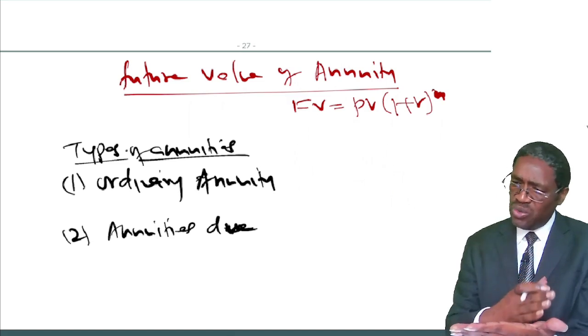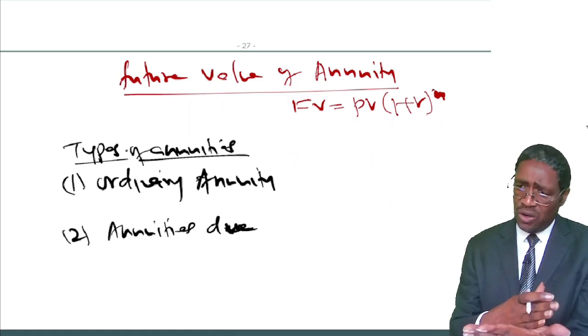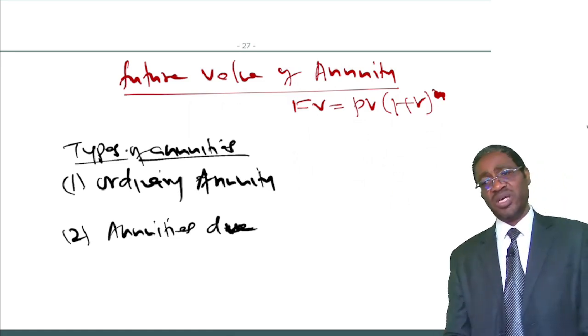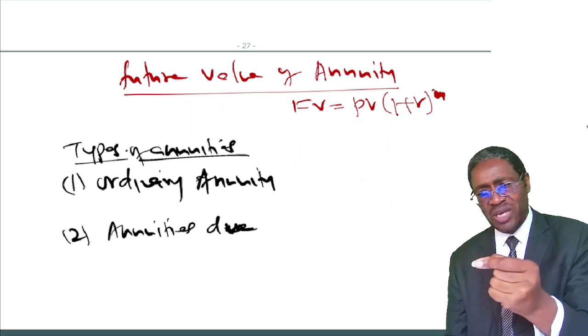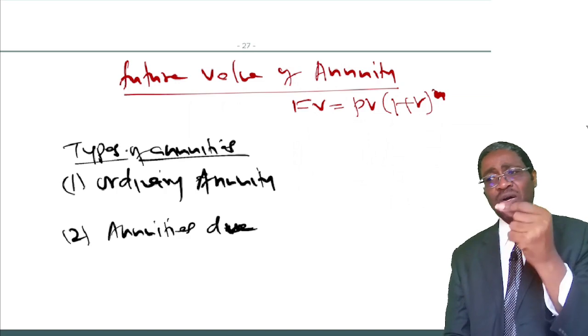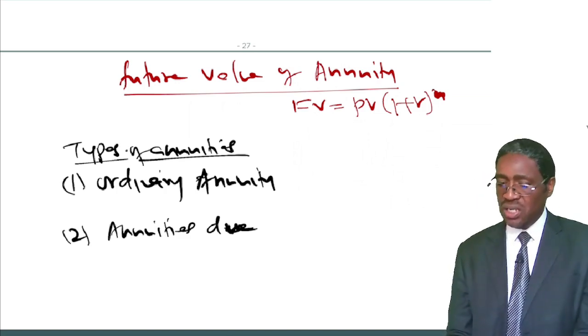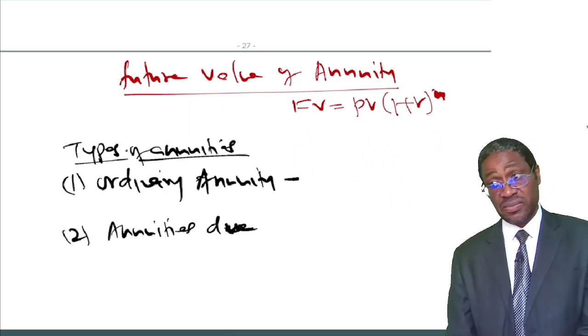If you are putting the amount of 1 million at the end of each year, that's what we call ordinary annuity.